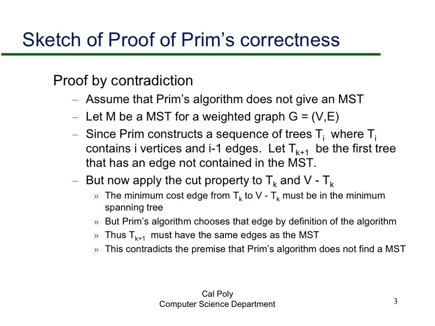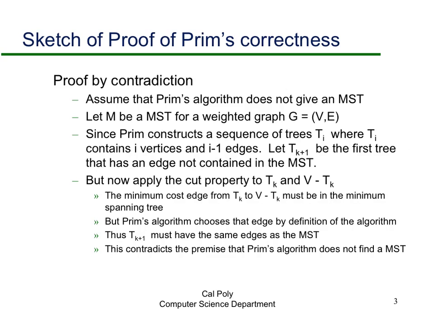But now we're done if you think about it, because now we'll apply the cut property to the vertices in TK and V minus the vertices in TK. We know that the minimum cost edge from TK to V minus TK must be in the minimum spanning tree. That's what the cut property says, after all.